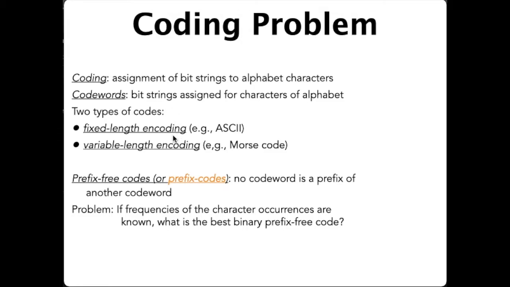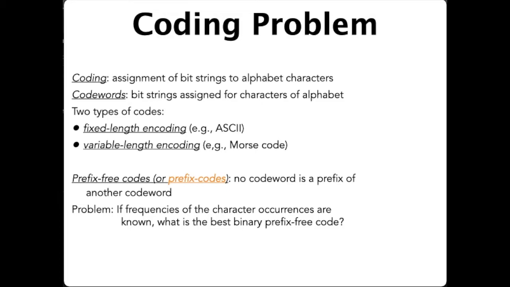The first one is if we allow fixed length encoding, just like what we are using in the current implementation of ASCII codes. At the moment we are using a 7-bit representation for each character. So for A, let's say there is a specific 7-bit code word used in memory to represent A and so on. As well as numbers, for example, we also use code words to represent those, and we use certain types of encoding.